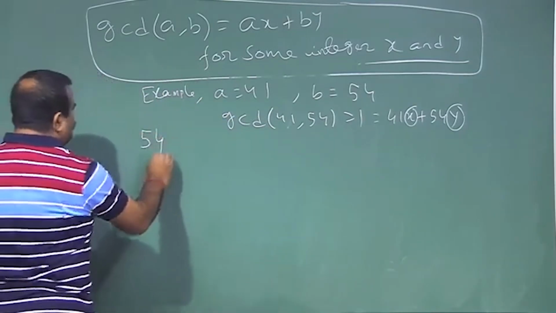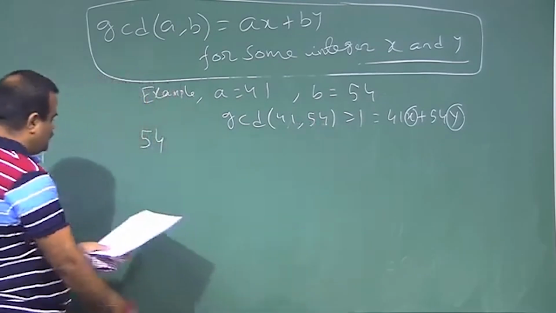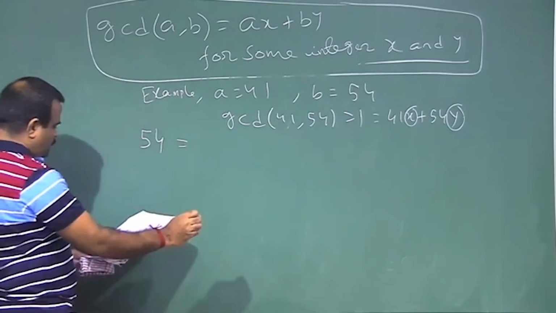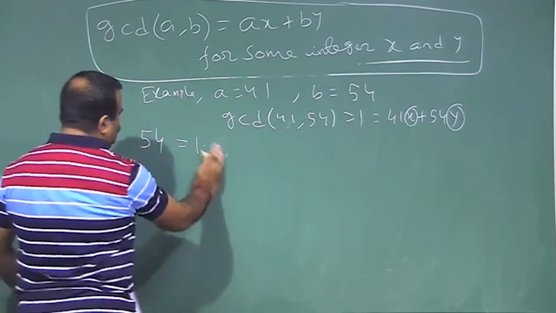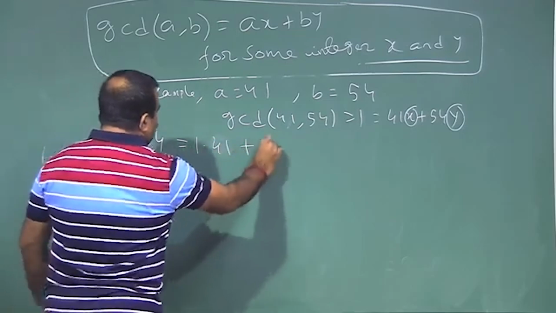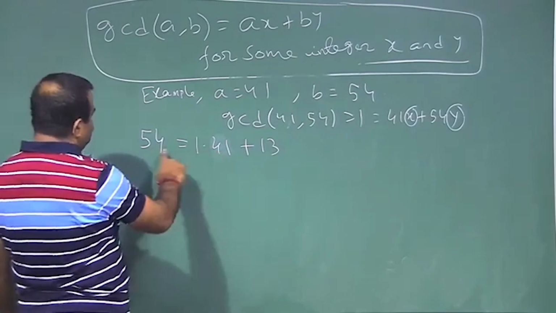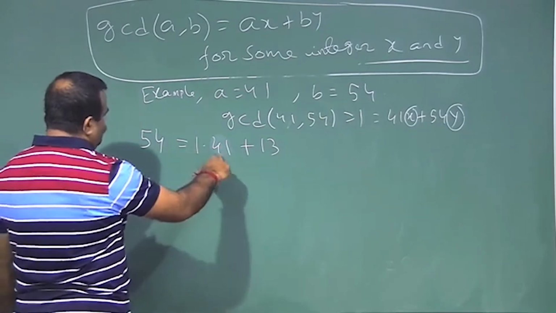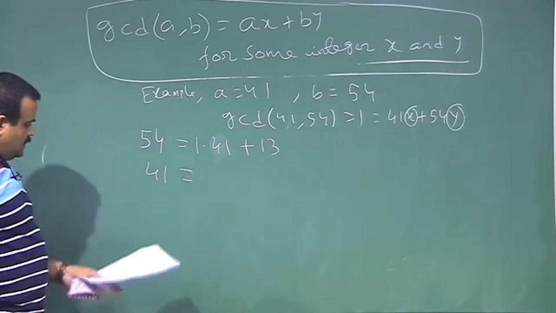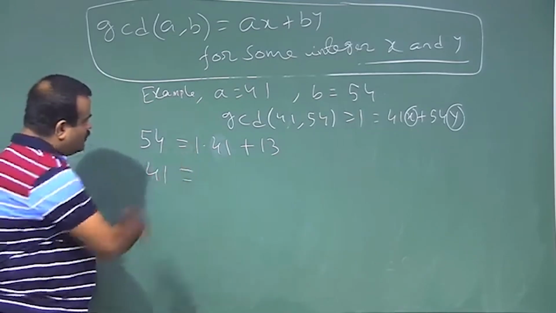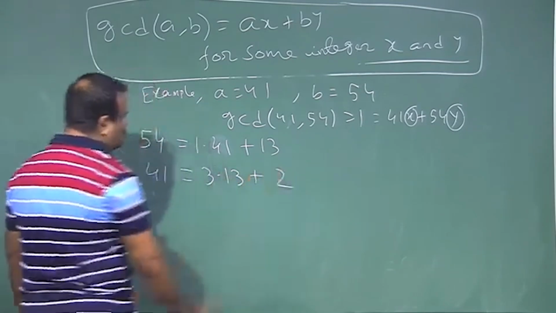First we find 54 mod 41, that is 13. So 54 is written as 1 into 41 plus 13. That means GCD of these two is the same as GCD of 41 and 13. Then 41 mod 13 is 2, so 41 is written as 3 into 13 plus 2.